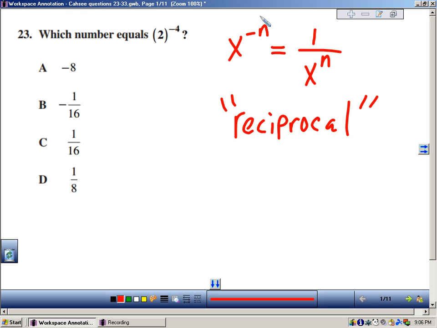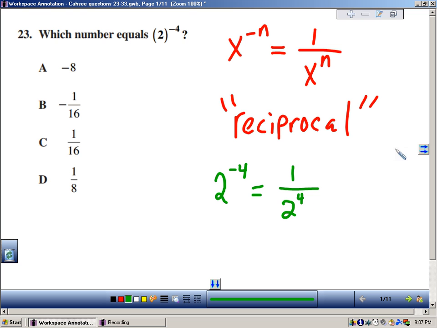So on the left-hand side here, we have the actual question. It's positive 2 raised to the negative 4th power. According to the rule here, you take the reciprocal, which means that it's going to equal 1 over 2 raised to the positive 4 power.